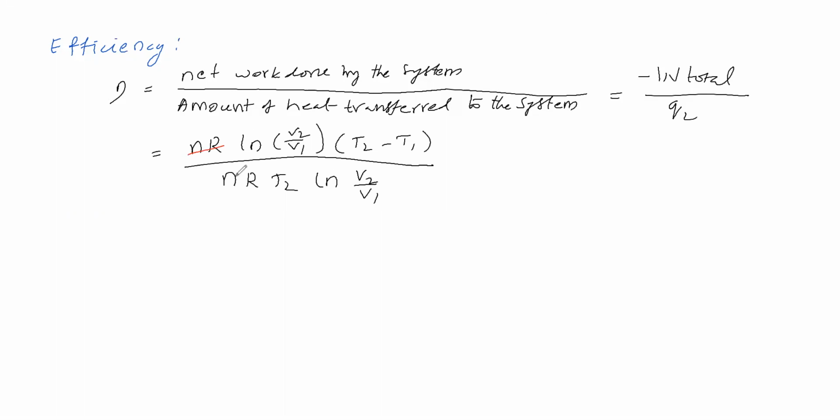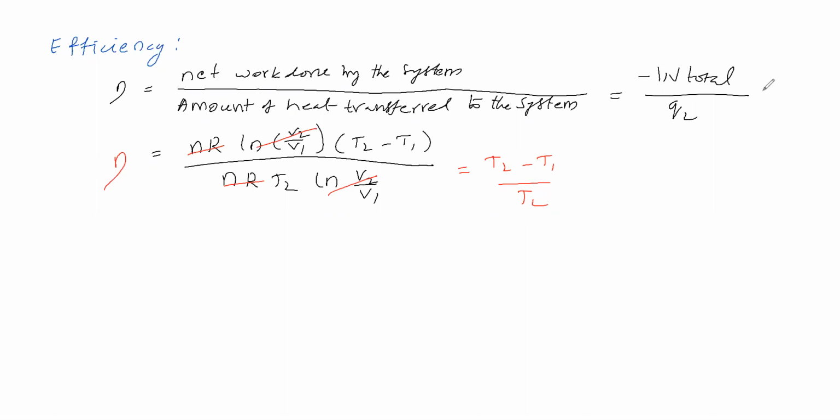NR we are cancelling, then ln V2 by V1 we are cancelling. Then the rest is T2 minus T1 by T2. It is called the efficiency of a cycle. So the efficiency of a cycle is equal to T2 minus T1 by T2.